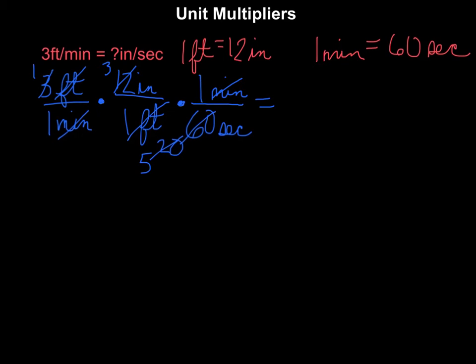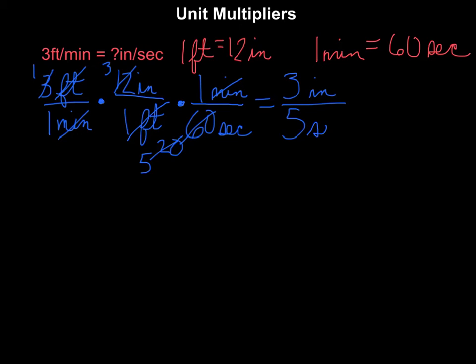So up top I have 1 times 3 times 1 is 3. I have no units, inches, and no units, so that will be inches. In the denominator, I have 1 times 5, which is 5, and no units and seconds.